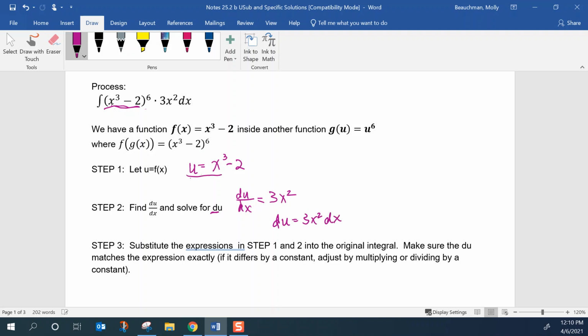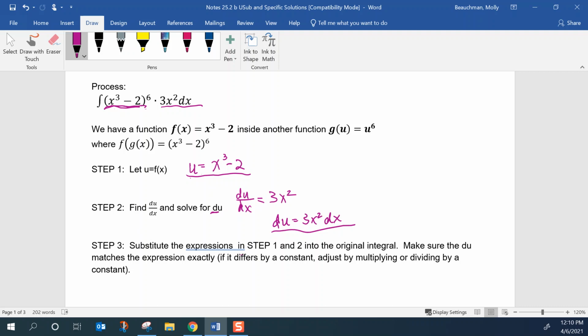Now, u is equal to x to the third minus 2, and du is equal to 3x squared dx. Notice in my integral, I have (x to the third minus 2) to the sixth times 3x squared dx, and my du is 3x squared dx. So now this is where substitution comes in. Substitute the expressions from steps 1 and 2 into the original integral.